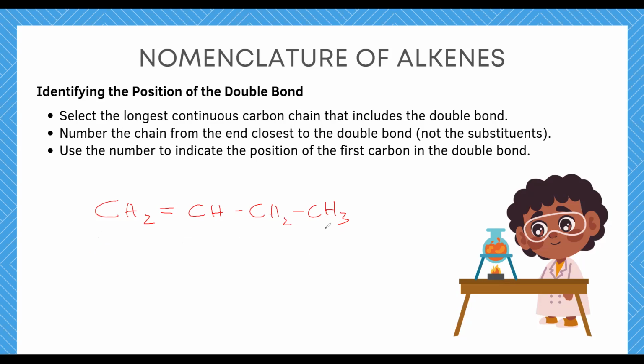So let's count. How many carbon atoms do we have? One, two, three, four. Four. So what is the parent name going to be? For four carbon atoms, David, what is the parent name?